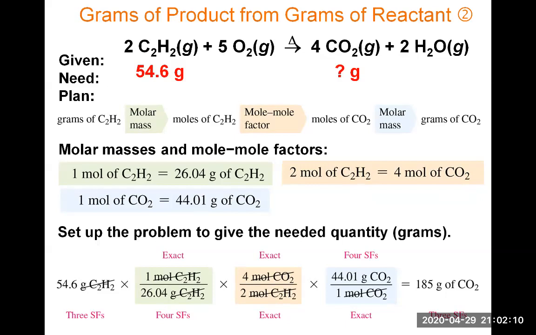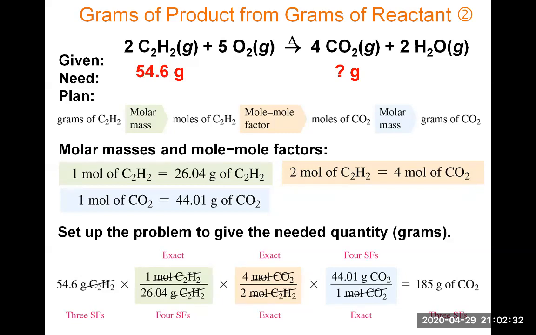So in the calculator, you do 54.6 times 1 is not necessary, times 4 multiplied by the next numerator, times 44.01 multiplied by the next numerator, and then divide by each denominator.